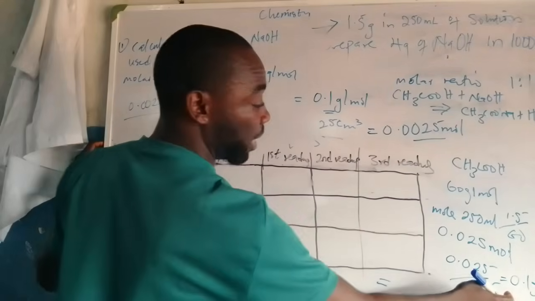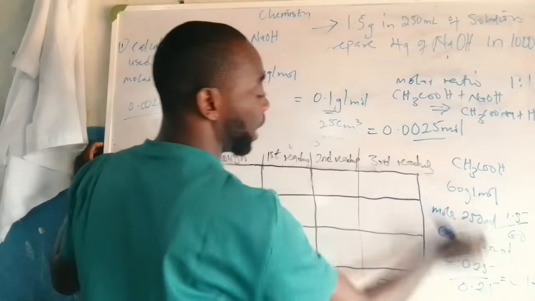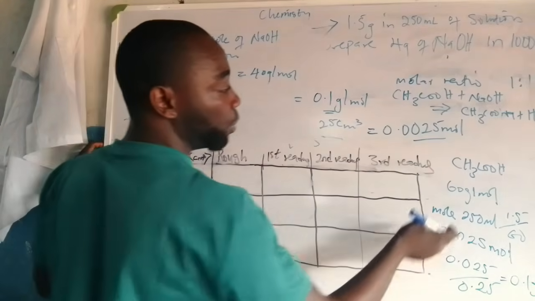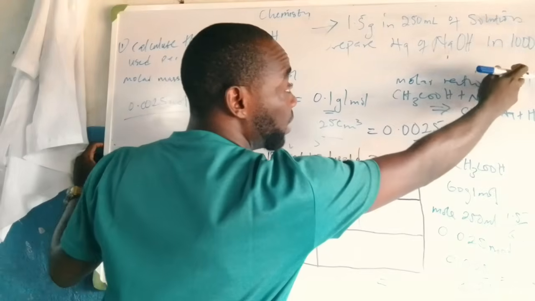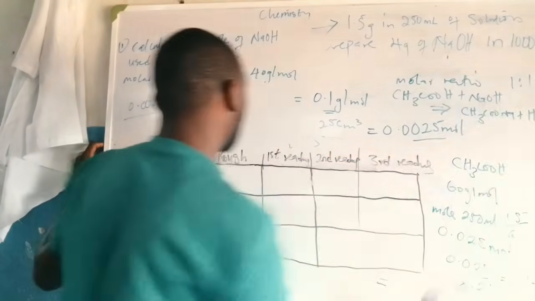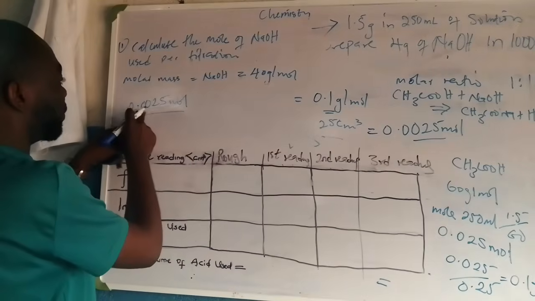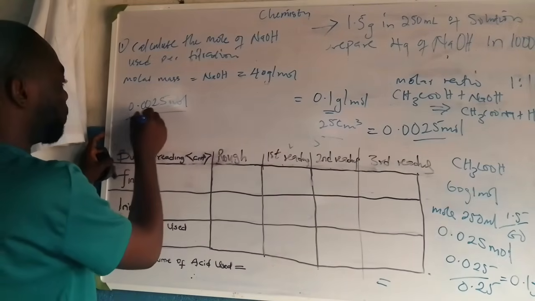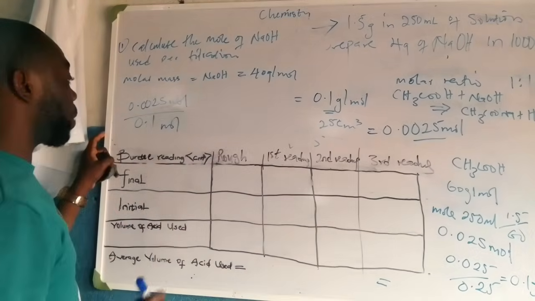Remember, I said earlier that this mole of acetic acid and the mole of the sodium hydroxide are the same. Okay, and if you also look at the molar ratio, you will still see that it is 1:1. So all you need to do is 0.0025 divided by 0.1 moles. Okay, 0.1 mole.